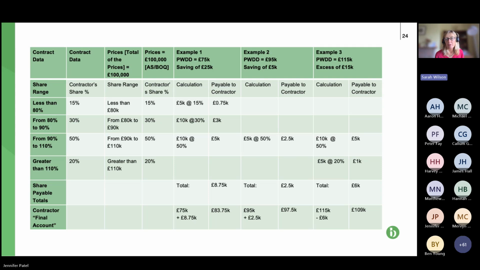I can see an argument for saying the contractor's the expert in this, so it should be able to calculate a target cost properly so that they don't go into severe pain sharing. But equally, that's not always the case.